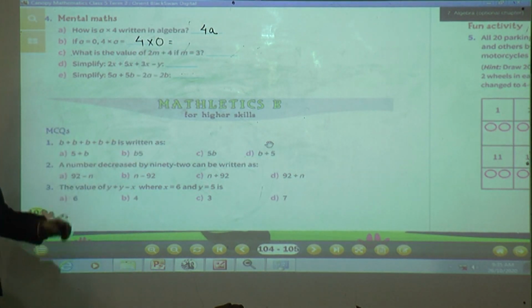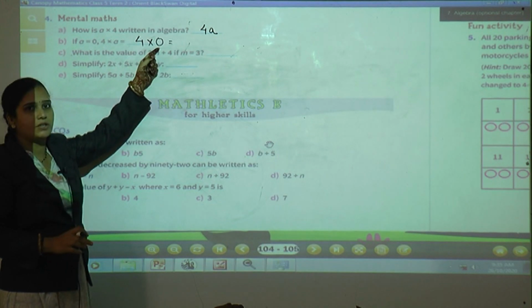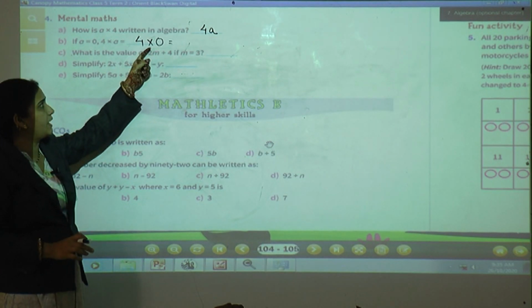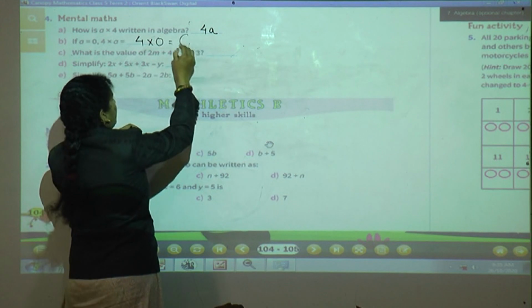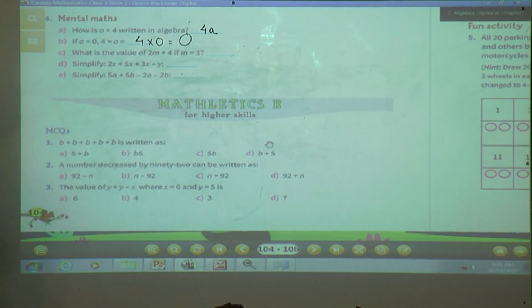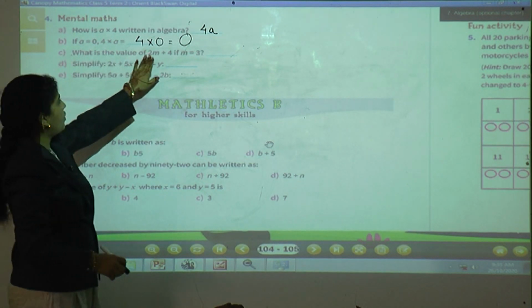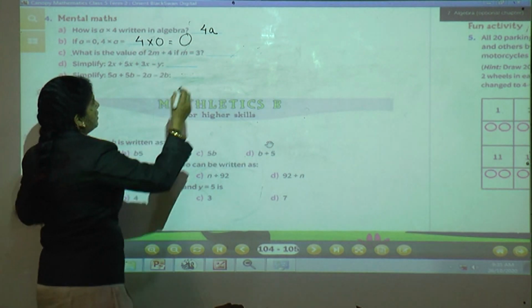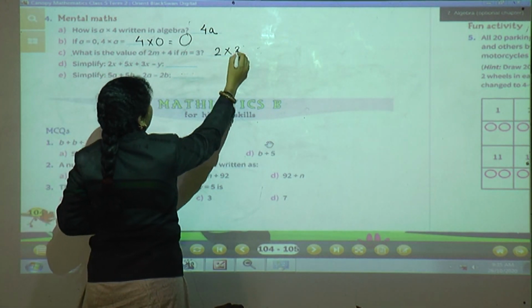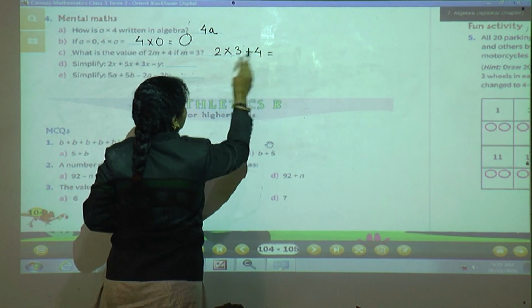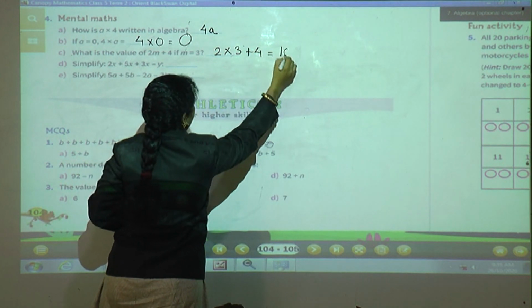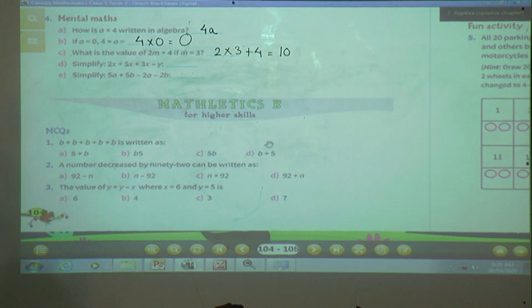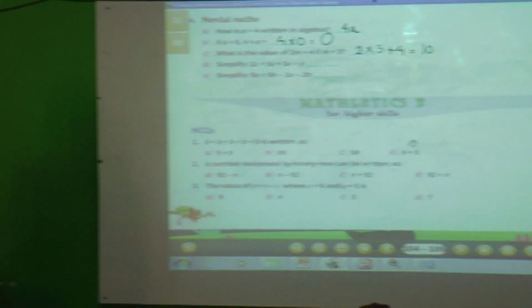As all of you know that when we multiply any number with 0, our answer will be 0. What is the value of 2m plus 4 if m is equal to 3? So here what is the value of 2m plus 4? That means 2 multiplied by 3 plus 4. So 6 plus 4, 10.